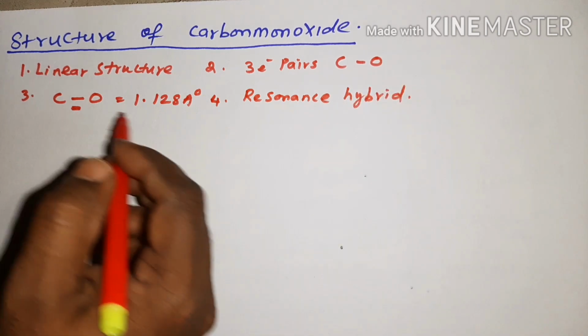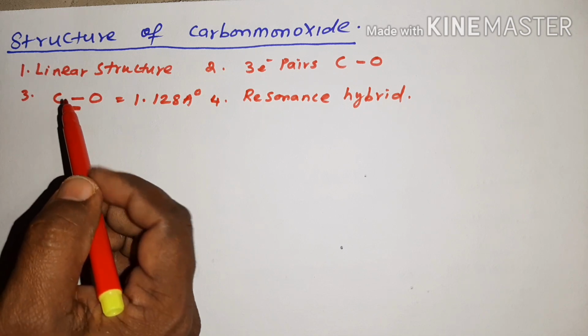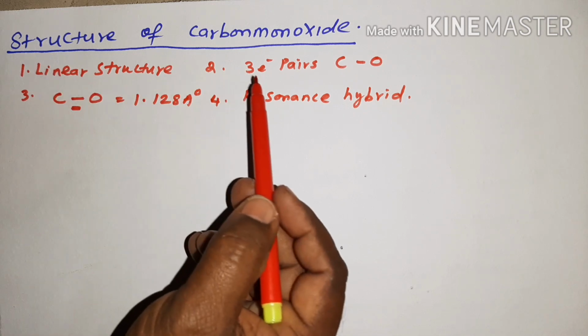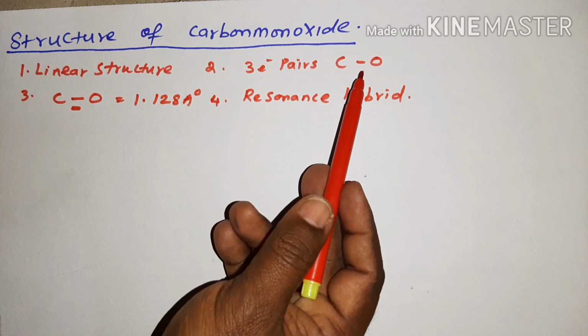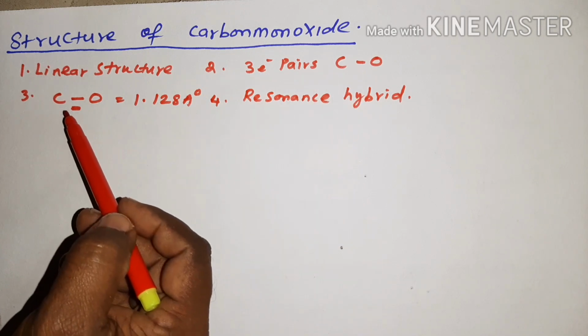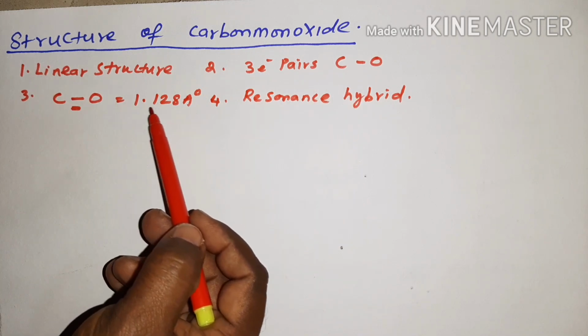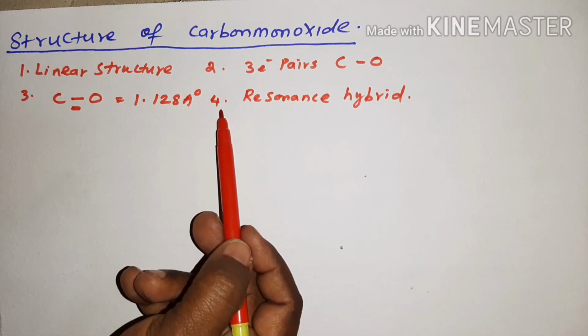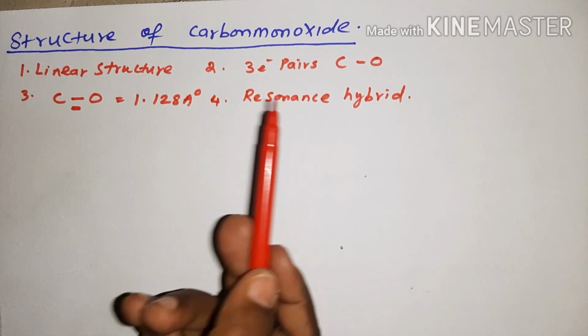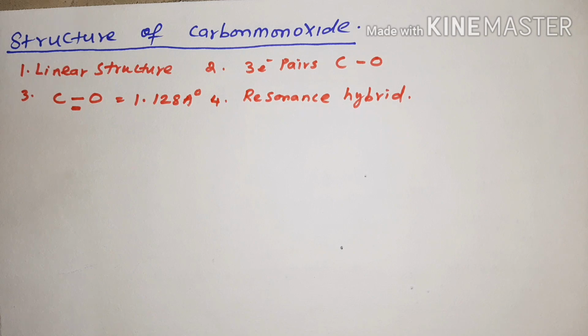So these are the 4 points about the structure of carbon monoxide. One is linear structure, and it has 3 electron pairs between carbon and oxygen. Then the bond length between carbon and oxygen is 1.128 angstrom, and the 4th point, it is expressed in resonance hybrid. So what is the meaning of resonance?